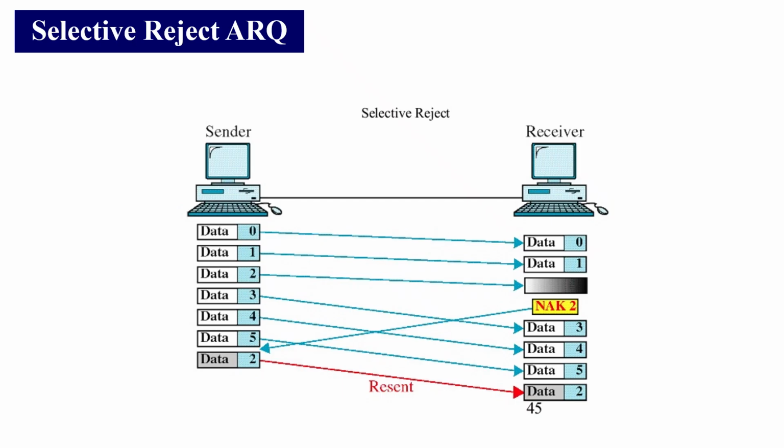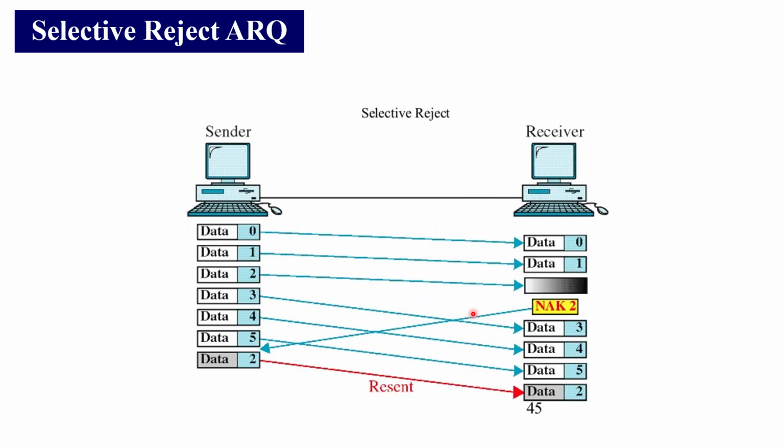Let us understand how selective repeat ARQ works with an example. The sender transmits 6 data frames numbered 0 to 5. When frames 0 and 1 arrive safely, they are not immediately acknowledged.